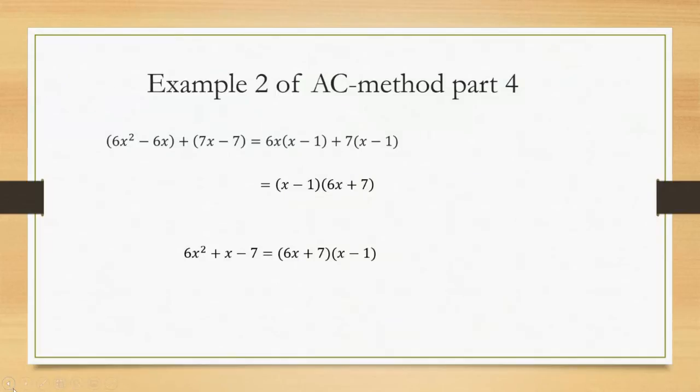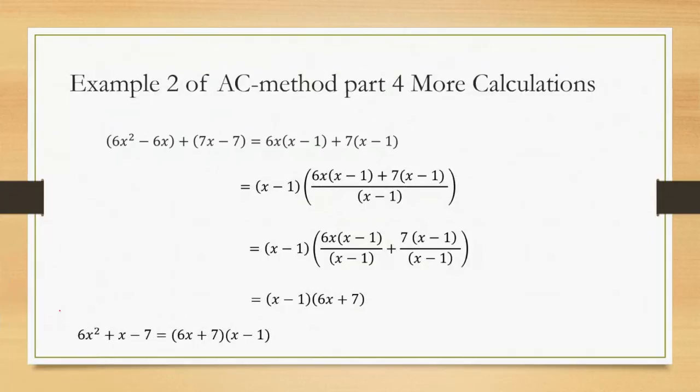Now again, I know some people like to see all the steps. That's the next slide here. Again, you take the x minus 1, you put it out, you divide, because you have to see what's left over. And when you divide, remember, you divide into each term.